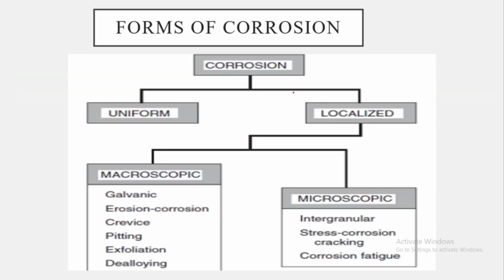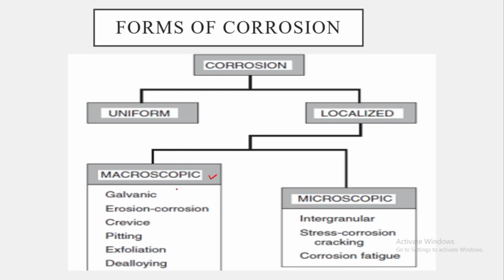So we have forms of corrosion which have been categorized into uniform corrosion and localized corrosion. And under localized corrosion, we have the macroscopic, which you can see with your eye, and the microscopic, which you cannot see with your naked eye. You need a microscope.